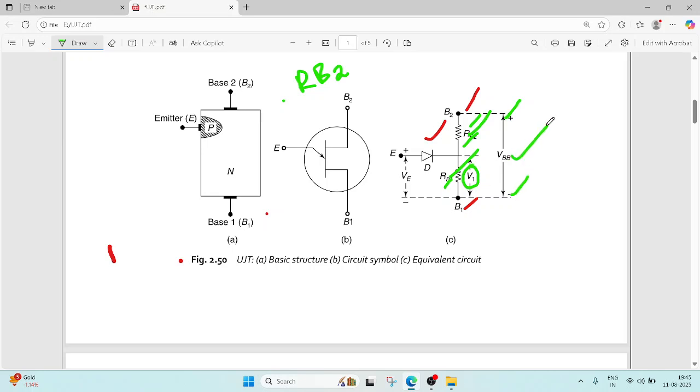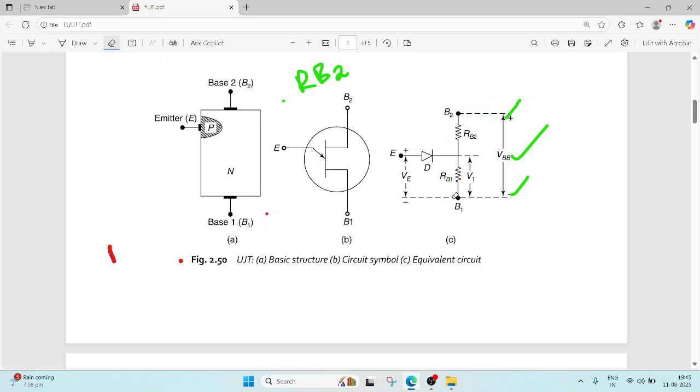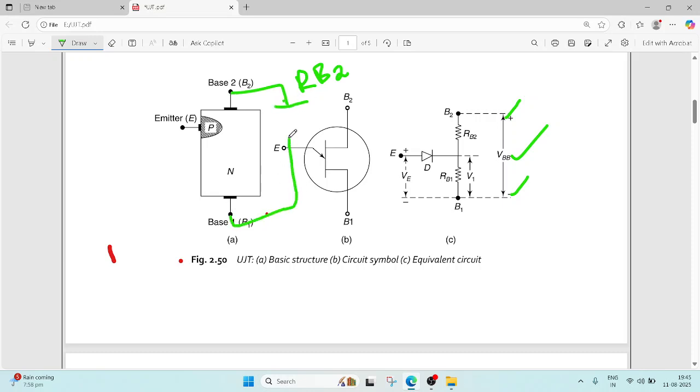The applied voltage is VBB, right? Okay. So this is positive, no? This B2 is connected to positive, B1 is connected to negative, right?